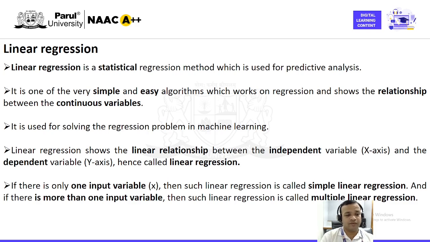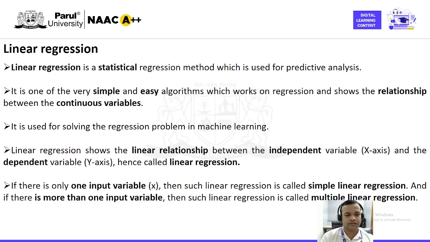If there is only one input variable x, then such linear regression is called simple linear regression. And if there is more than one input variable, then such linear regression is called multiple linear regression.